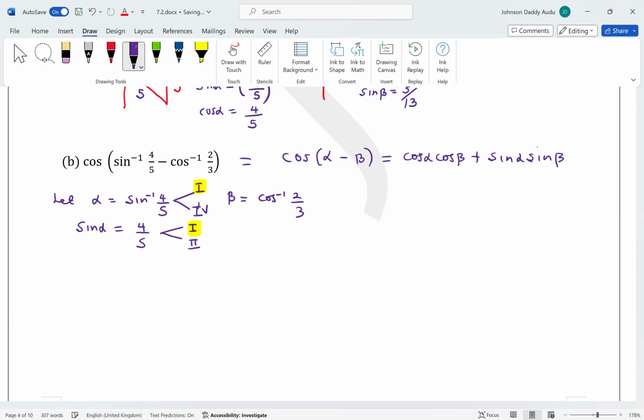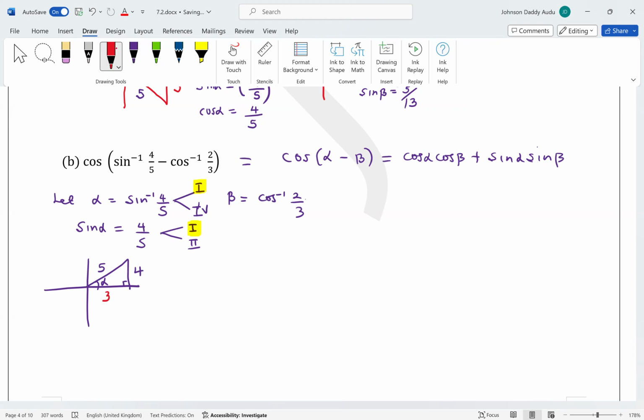So in quadrant number 1, you have alpha. The sine is already 4 over hypotenuse, which is 5. And definitely the adjacent is going to be 3, right?